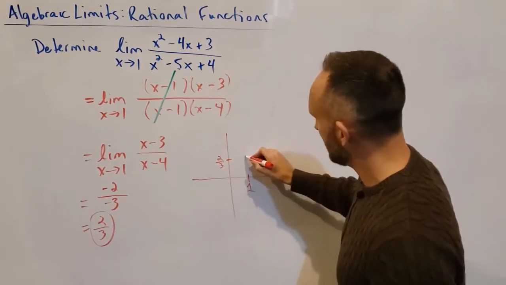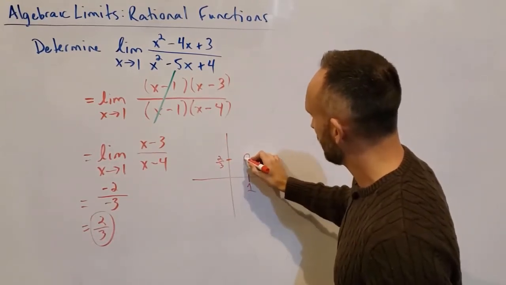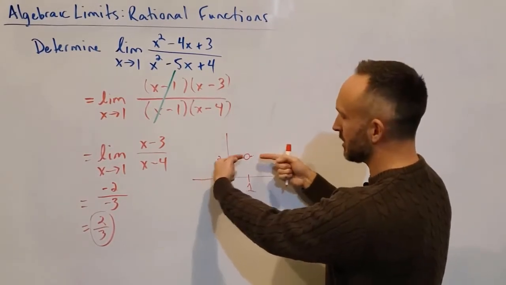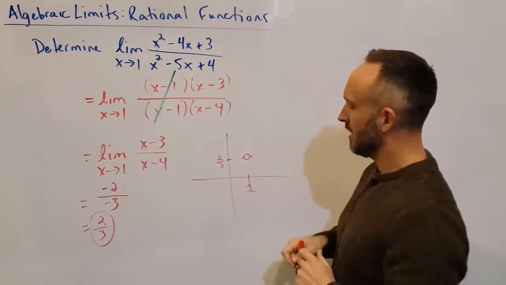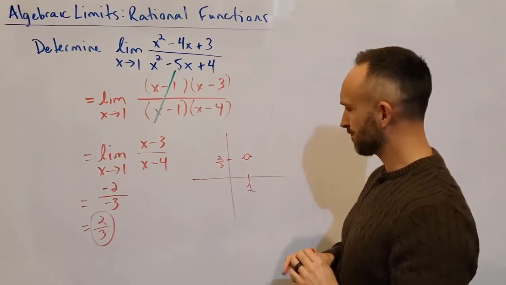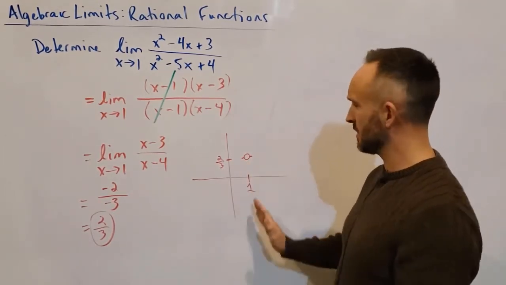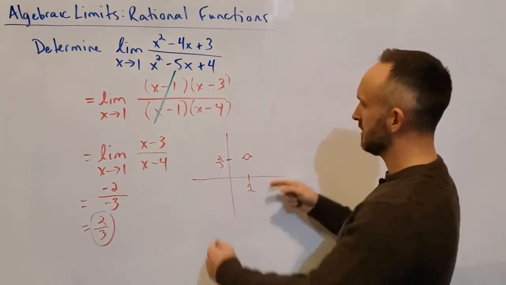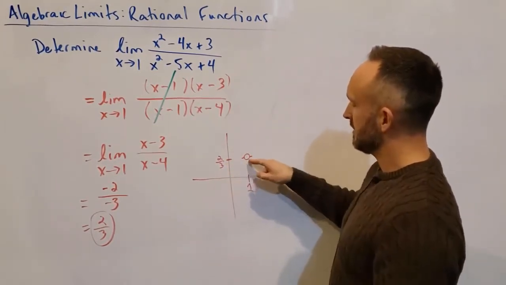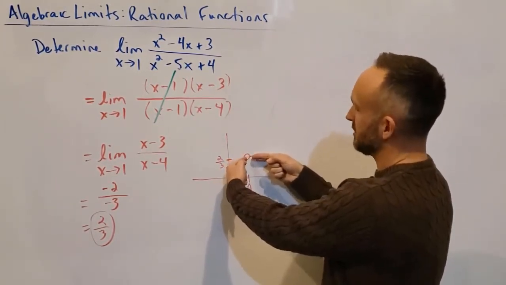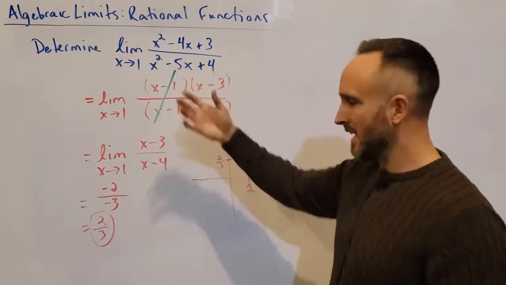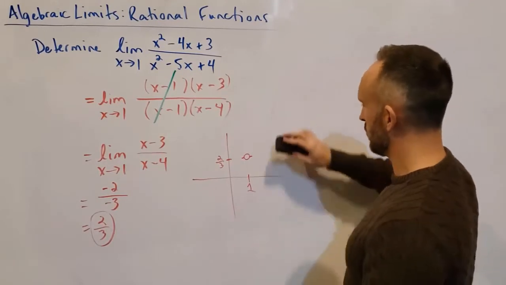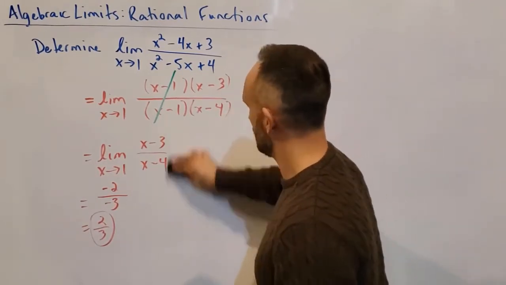So what that tells me is I have a hole in my graph, and I know I've got points on either side that are coming in close to that point from both sides, okay? So not an asymptote in this case because we didn't have infinity for the answer, but we got a constant from both sides, meaning that they actually meet up, but it's a hole because the function's not defined at x equals 1. Okay, let's do one more example of a rational function.